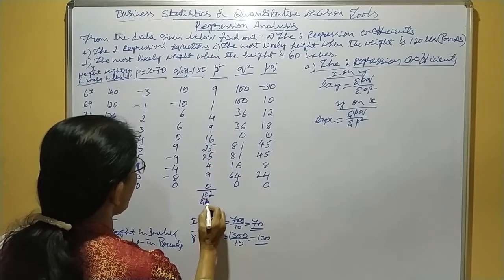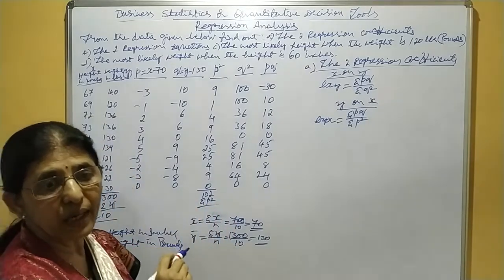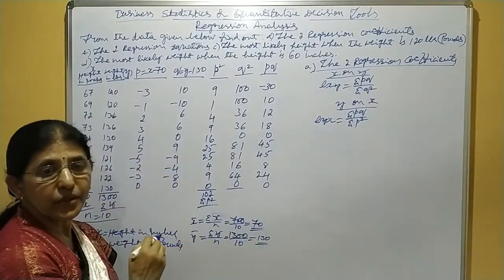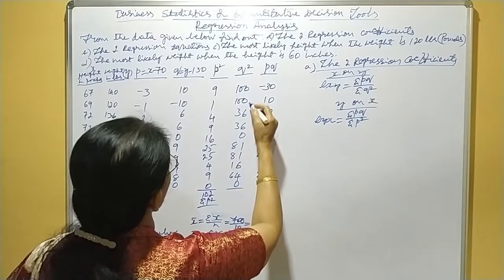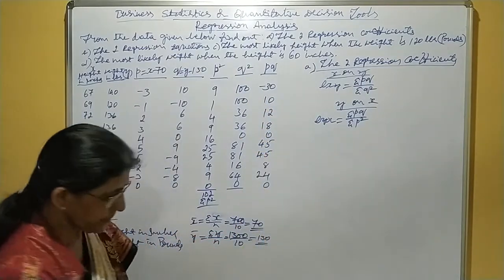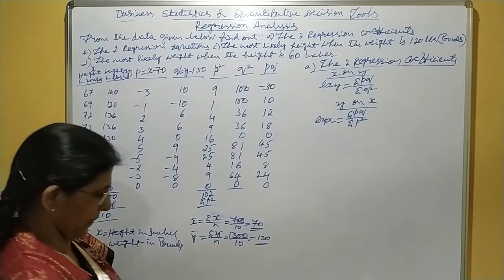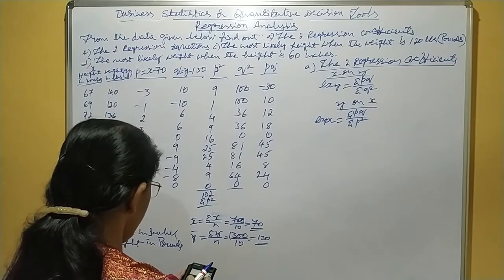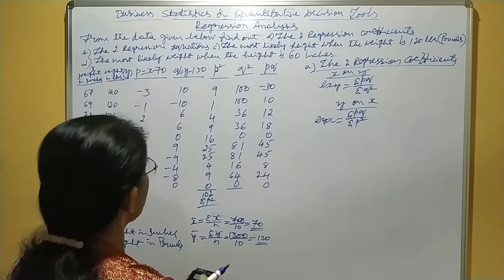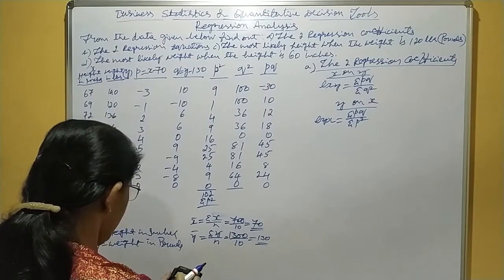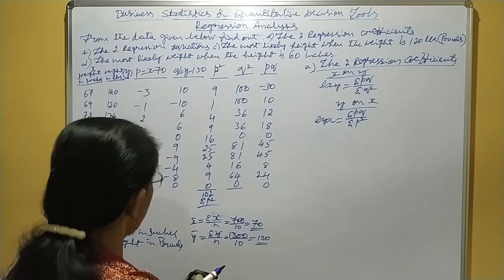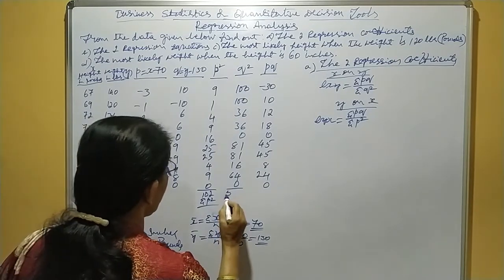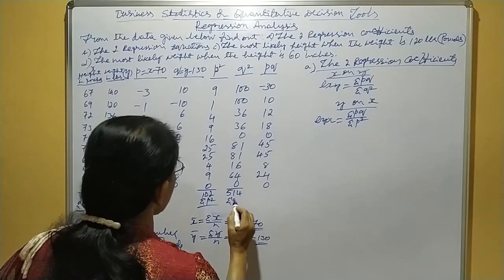That is sigma p square is 102, isn't it? Now, next one is sigma q square. It comes to 514, that is sigma q square.